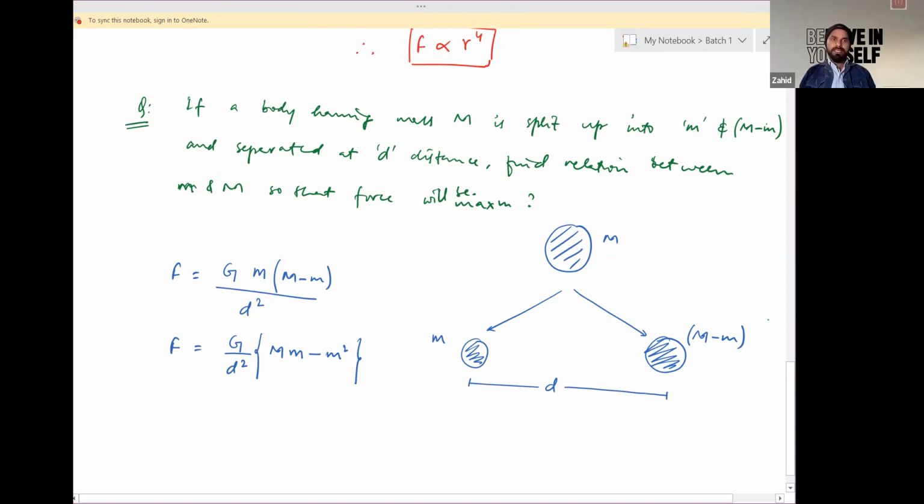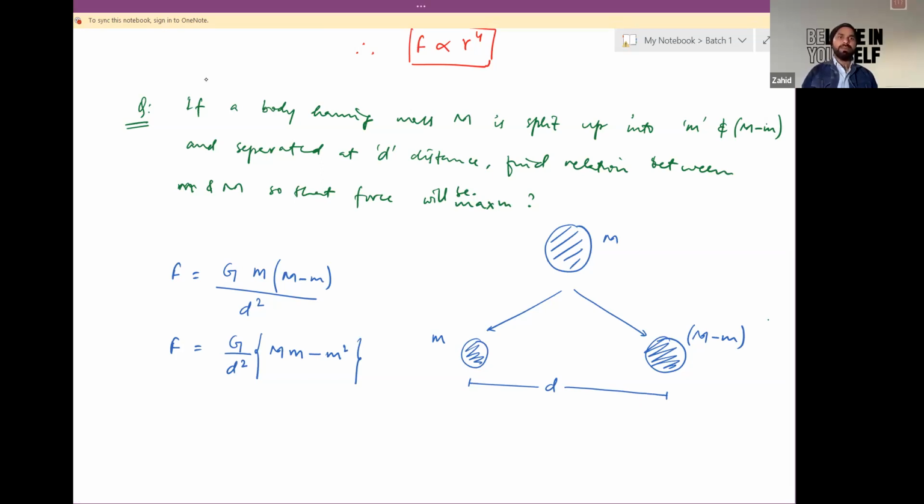Now you'll be asked whether this force is constant or variable. You'll say it is variable and depends on small m, as small m is the variable term. So we have to calculate the value of small m with respect to capital M so that this force is maximum.